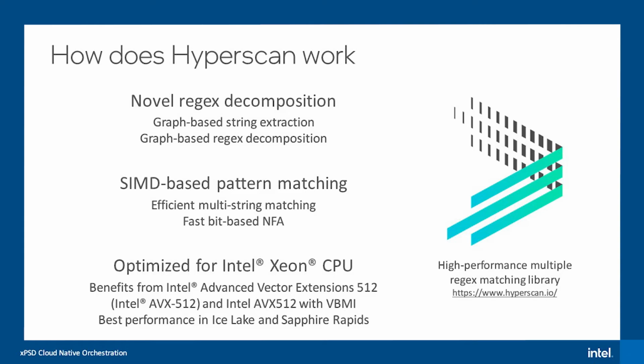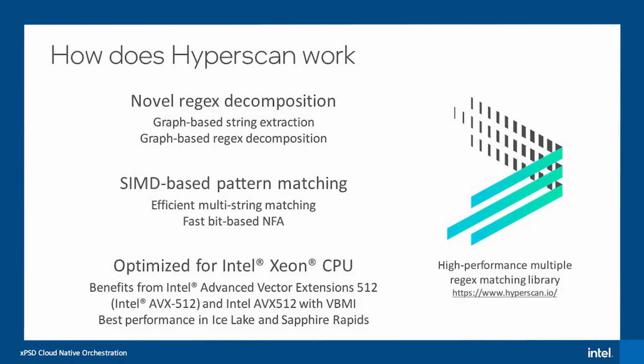The latest Intel Xeon Scalable processor, Ice Lake, has a SIMD version called AVX512. A typical processor can do 64 bits per clock cycle, but AVX512 can do 512 bits, an 8x increase.